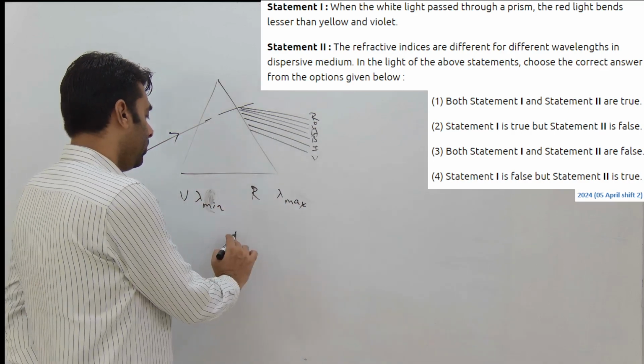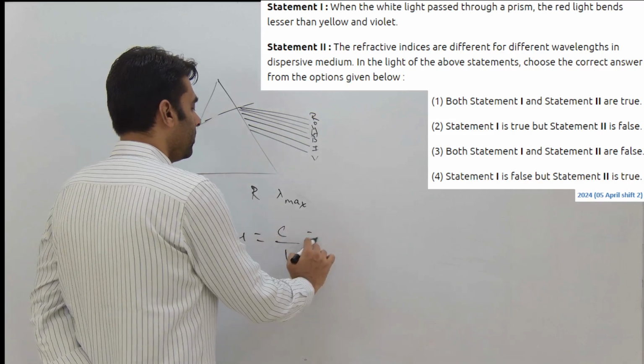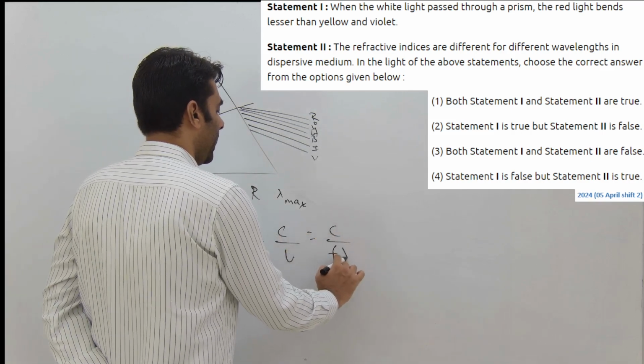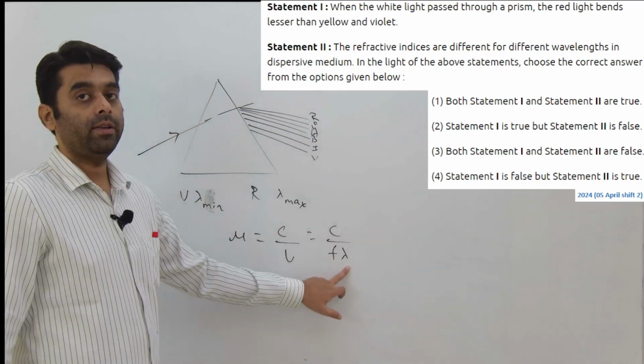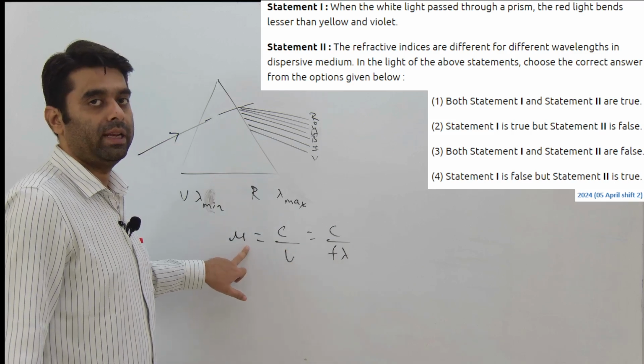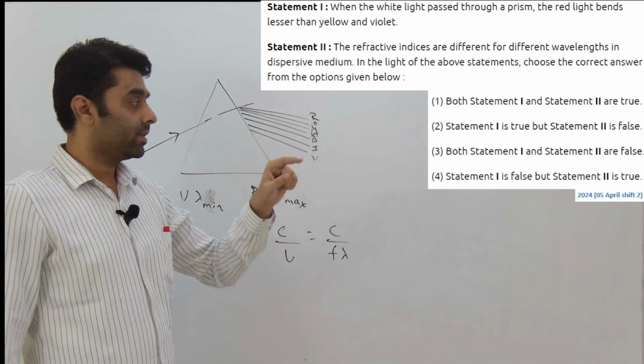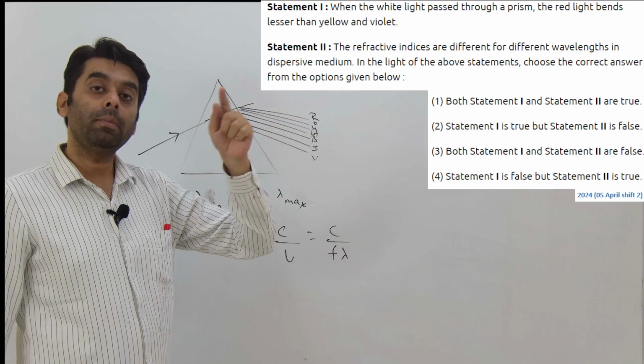If we look at refractive index, it is C by V, which we can write as C by F lambda. If lambda is more, refractive index will be less. If refractive index is less, that implies the bending of red will be minimum.